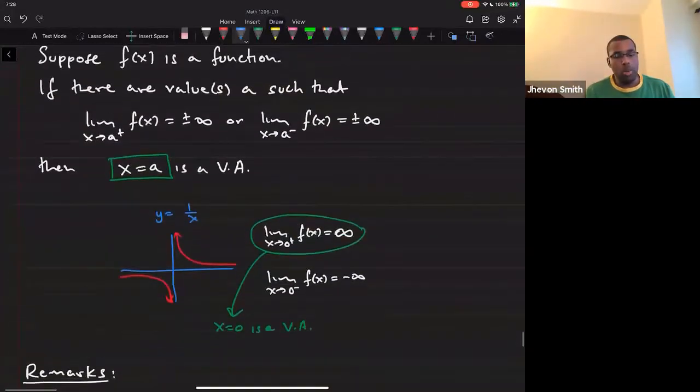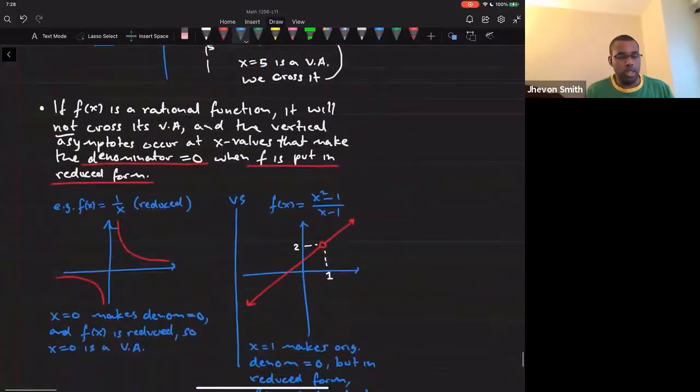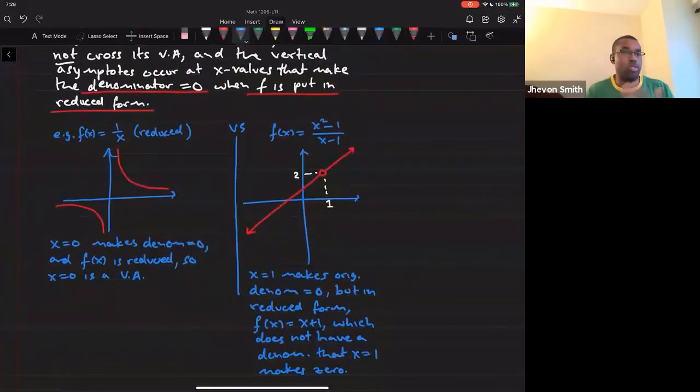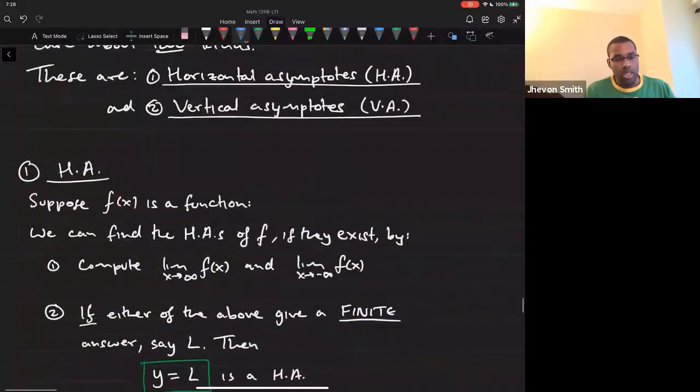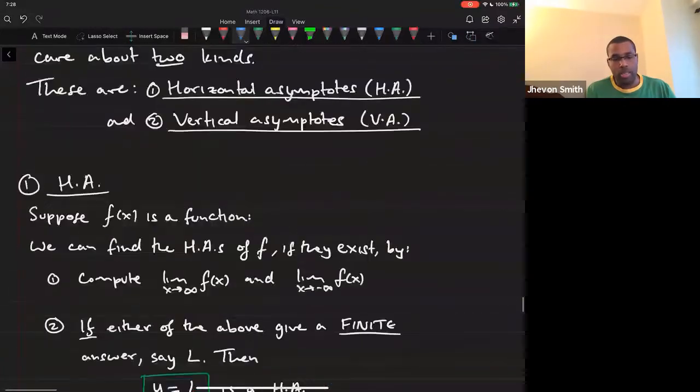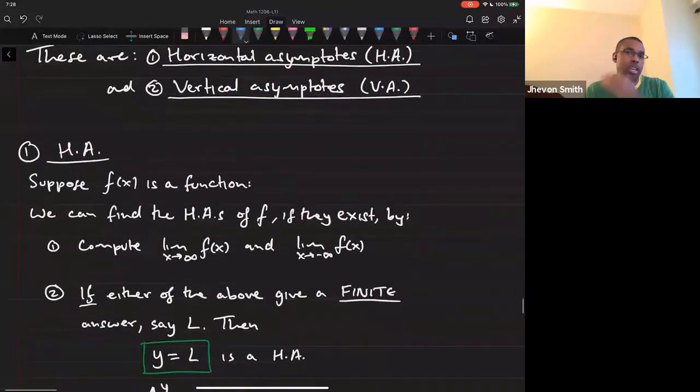And so mostly you're going to need to find them for rational functions. Rational functions, this is all you need to do. Reduce them, check after reducing what makes the denominator 0. That's going to be your vertical asymptote. That x equals that value is going to be your vertical asymptote. For horizontal asymptotes, you find these two limits. Limit as x approaches infinity of f of x and limit as x approaches negative infinity of f of x. And if either of them give you a finite value, then y equals that value is a horizontal asymptote.